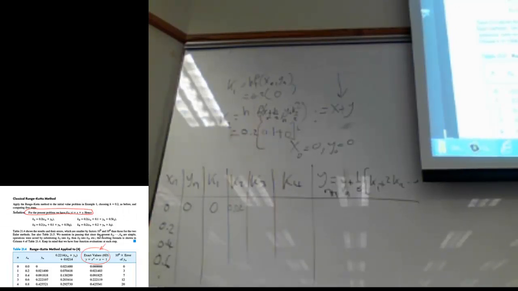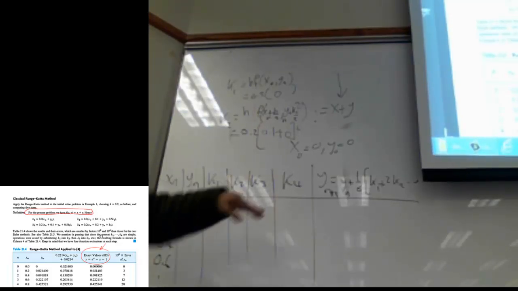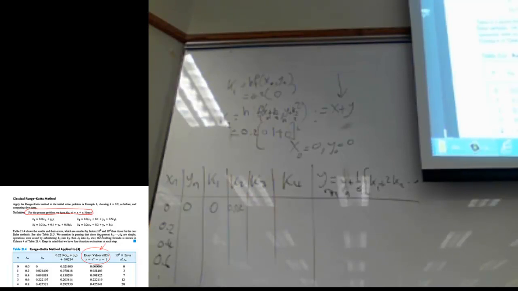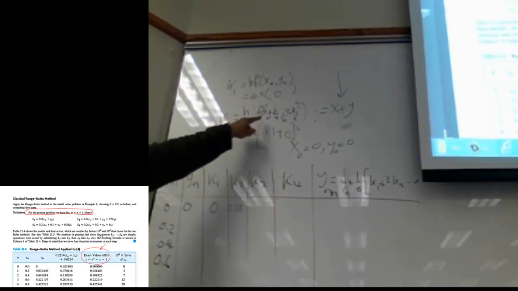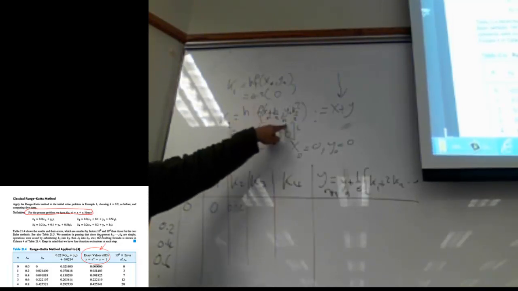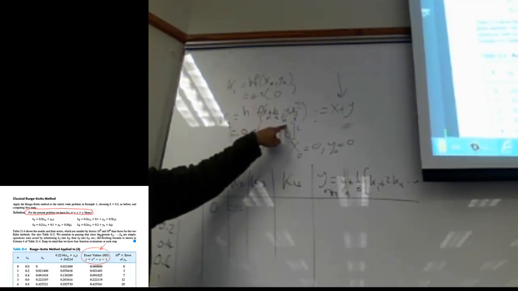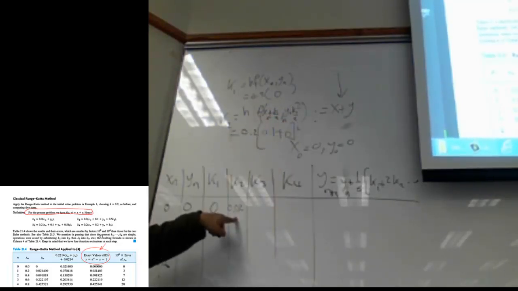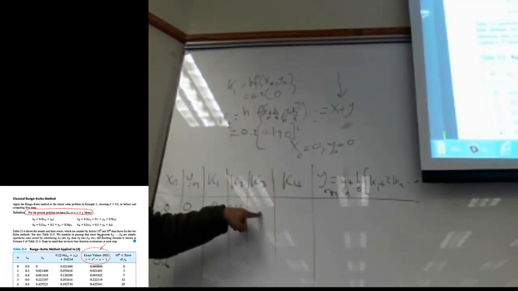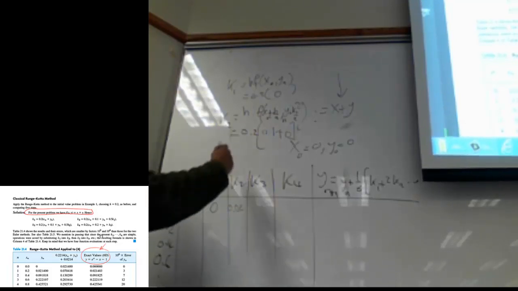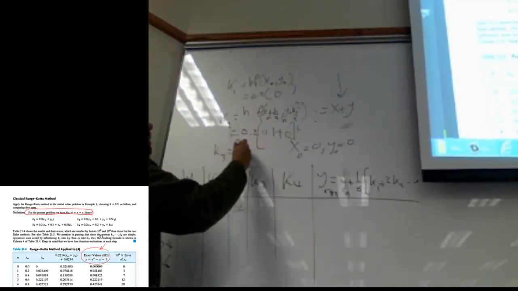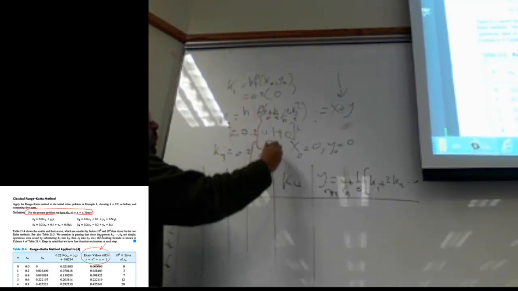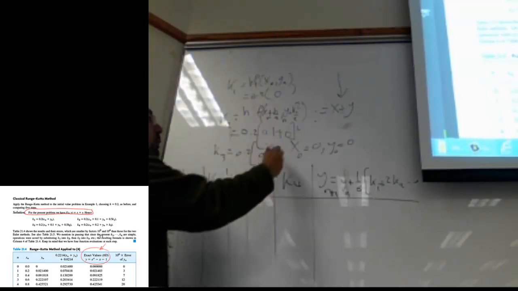Now we are getting something. Now the slope will start moving, because if it's all 0, we will never leave that point. We'll just be at 0 forever. And then K3 will be again the same, x plus h over 2 and yn plus K2 over 2. Now you will have that K2 over 2, and you will get K3. So for K3, we will get 0.2 times the same 0.1 plus 0.01.